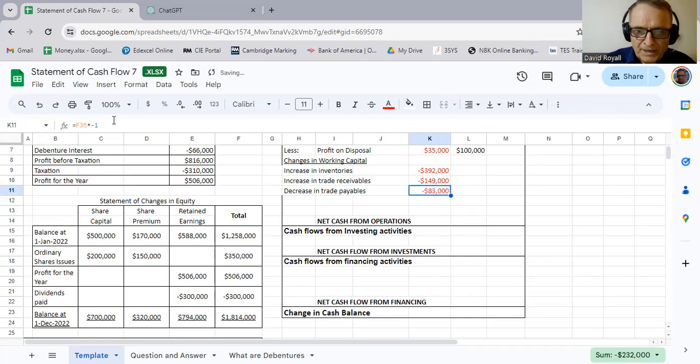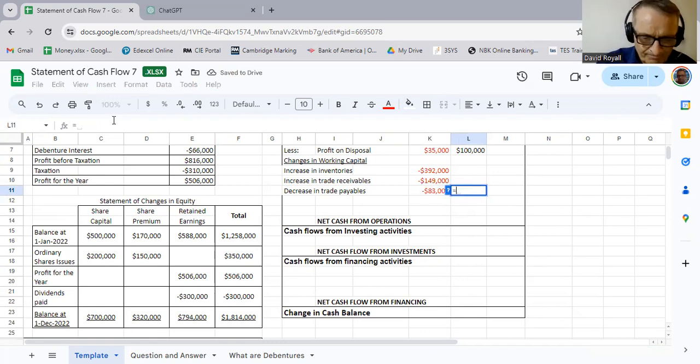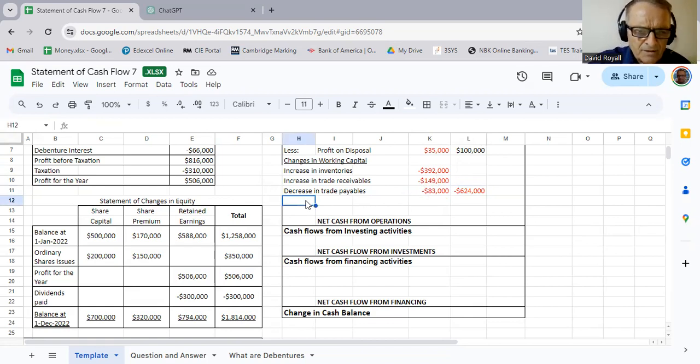So in fact, all three are negative. So I've now got a figure of negative 624,000. Okay, always check your figures as you go. But we can see that the cash has fallen.